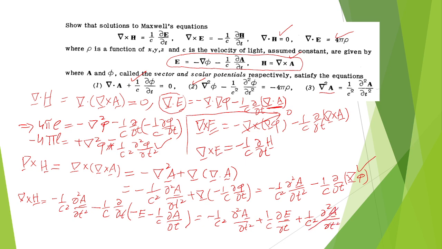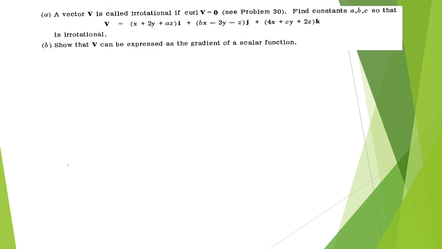So this term will cancel with this one, and we will be left with the Maxwell equation curl of H is equal to 1 over c partial E partial t. So the third equation under the given condition is also satisfied.